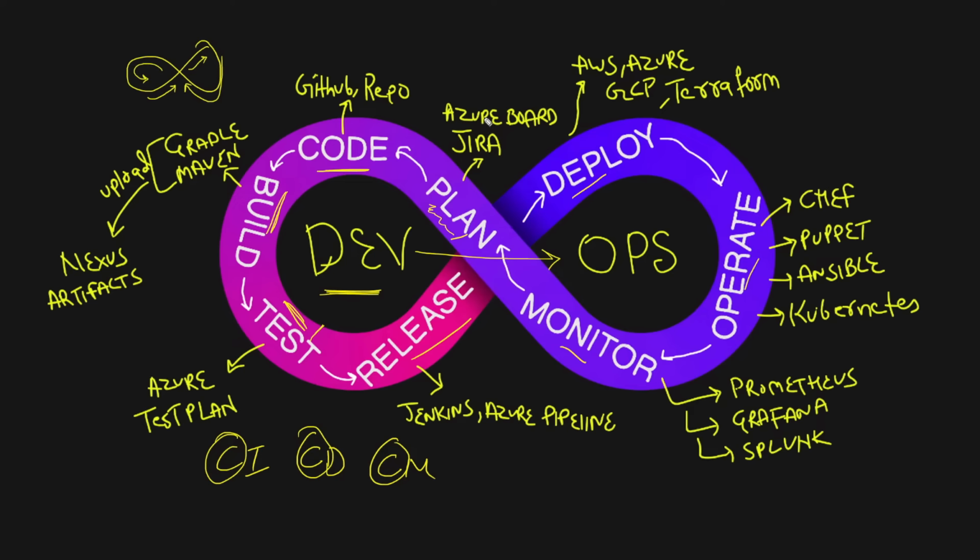With the help of DevOps, we bring teams together. That is why Dev and Ops play an important role. But it's not just the developer and operations teams. There are different other teams as well, such as your security team, your business, your QA team or testing team.